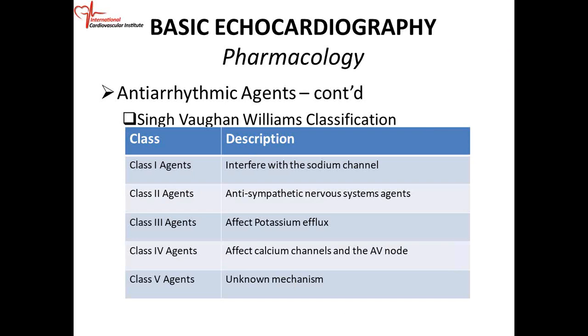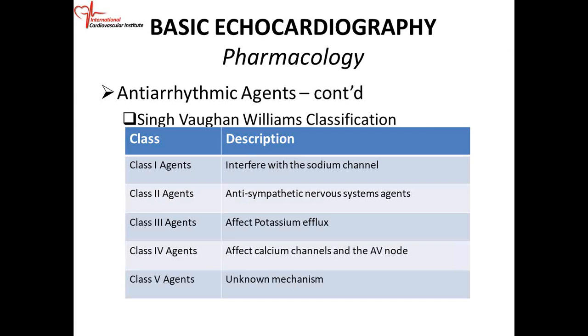And this classification is called the Singh-Vaughan-Williams classification, or just a lot of people say the Vaughan-Williams classification, but it's actually the Singh-Vaughan-Williams classification. And we have 5 classes, okay?